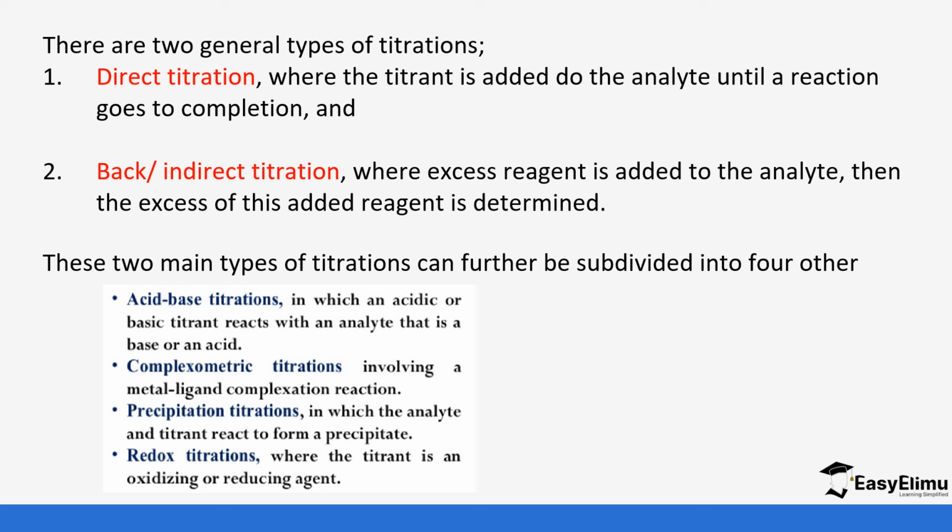And then we have redox titrations, where the titrant is an oxidizing or a reducing agent. So you notice in the Form 3 syllabus, you talk about the direct titration, back titration, and the redox titration. We're also going to involve standard solutions because we mentioned them before and how they are usually used in regards to titration. So those are the ones that we are going to look at. The other ones, you're going to look at them later on in campus.